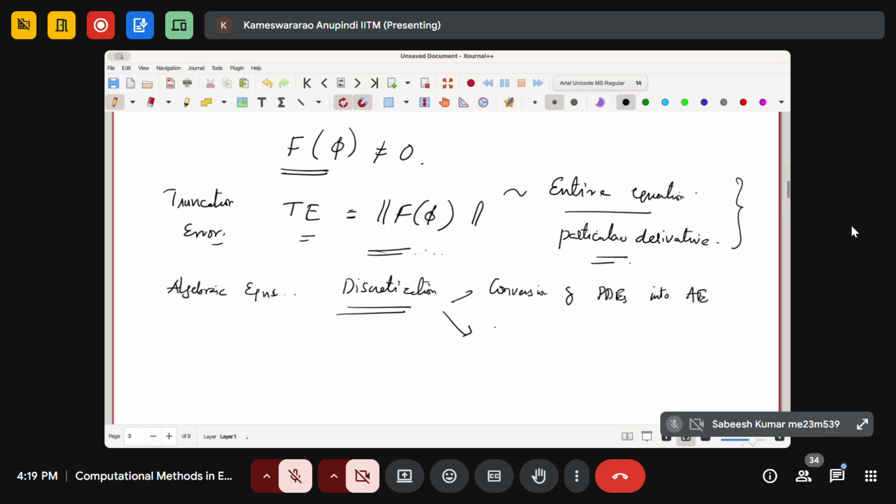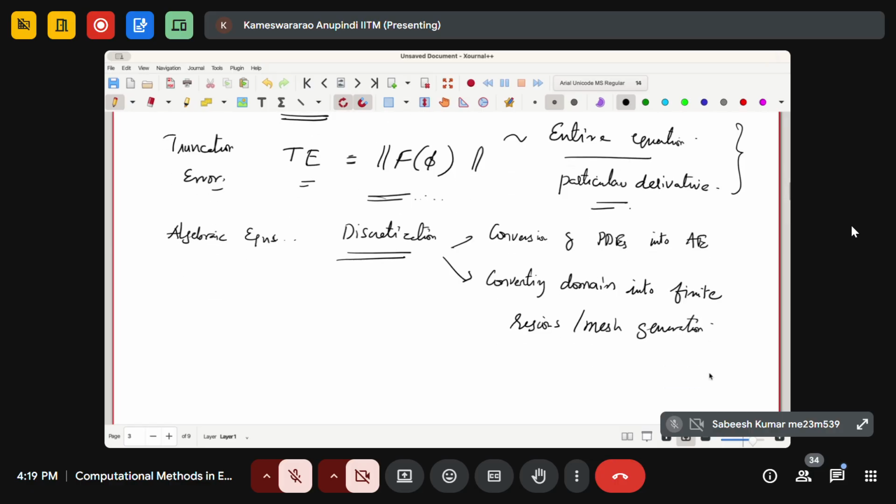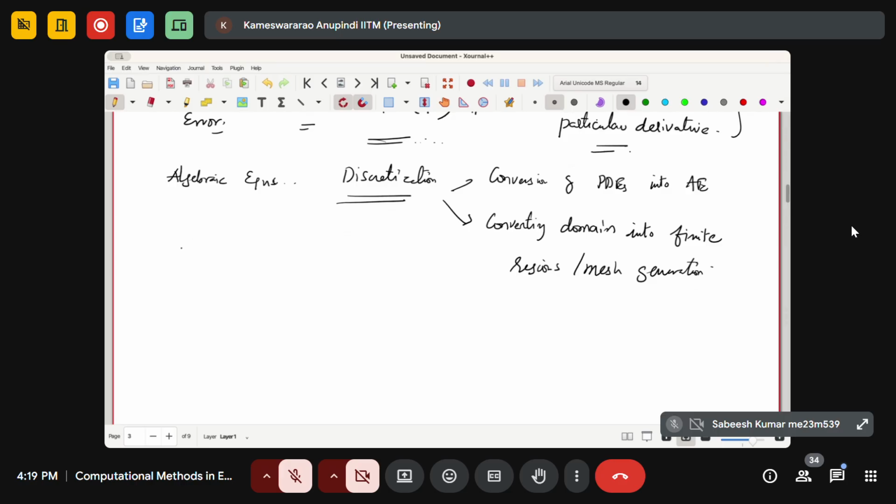Then it can also mean converting your domain, whatever is the region of interest, into finite regions, also known as mesh generation. I think you're probably more familiar with the word mesh generation. So that means we have to identify several points in space, or essentially volumes in space, depending on the method we would use.